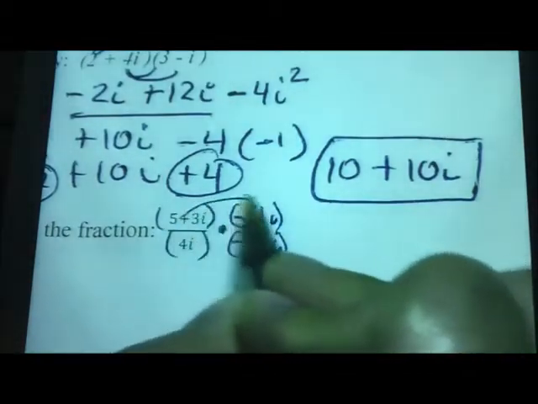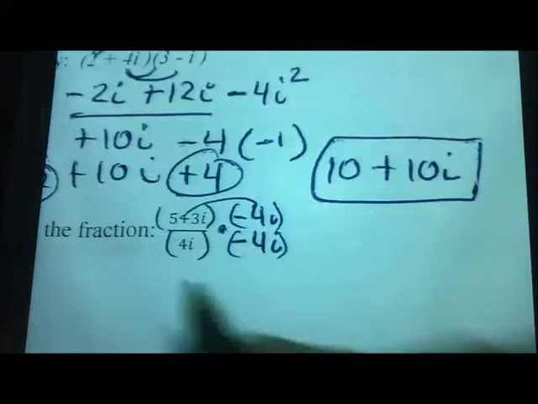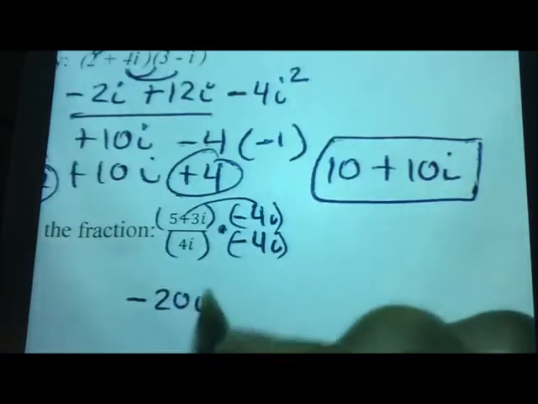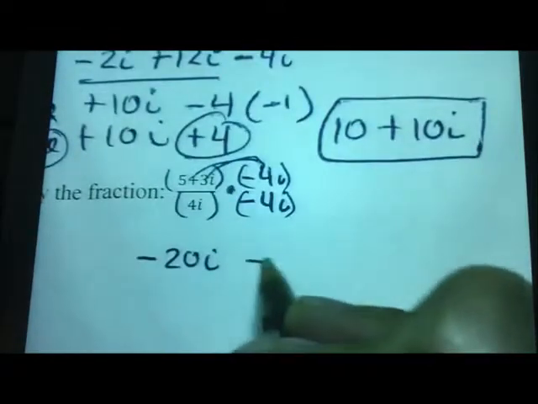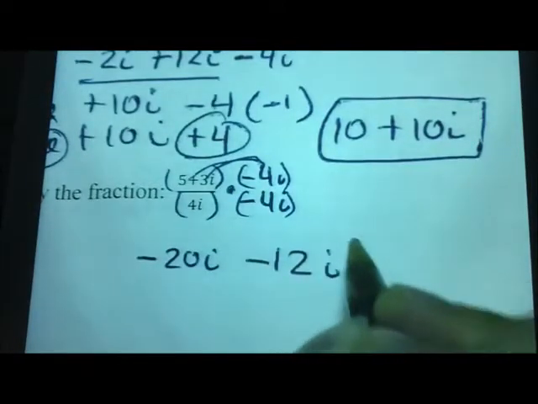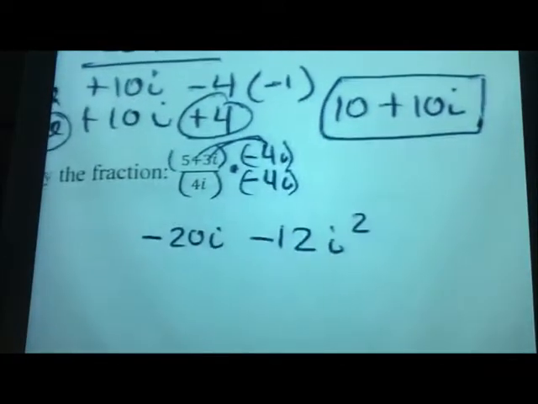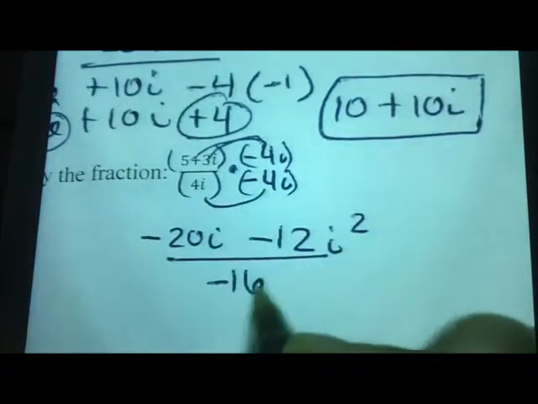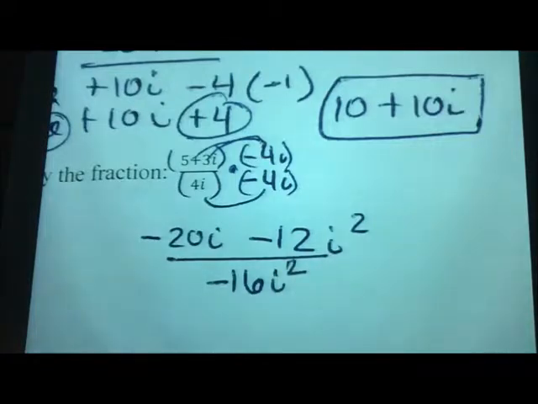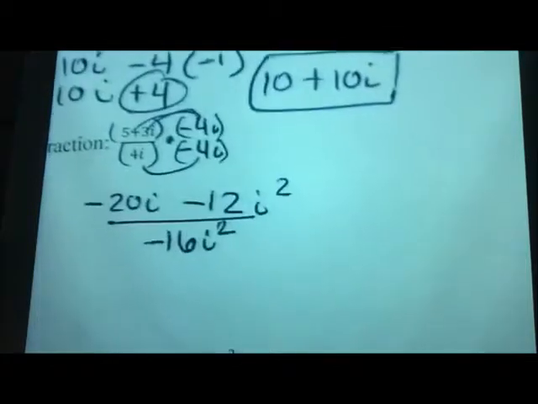I have 5 times negative 4i, which is negative 20i. 3i times negative 4i is negative 12i squared. And 4i times negative 4i is negative 16i squared. What we have to do here is replace all the i squared with a negative 1.